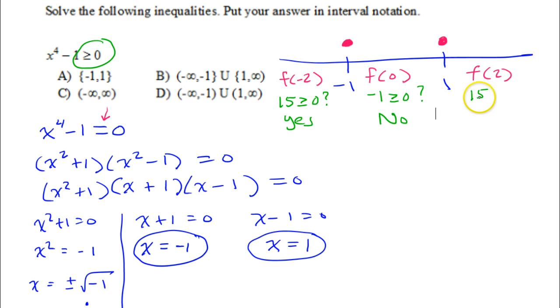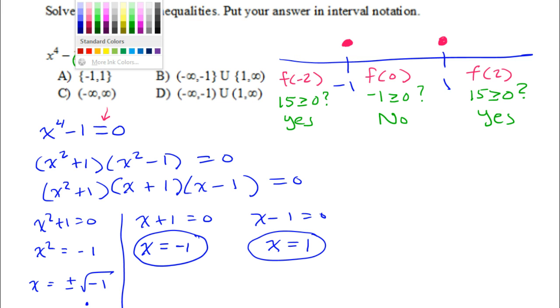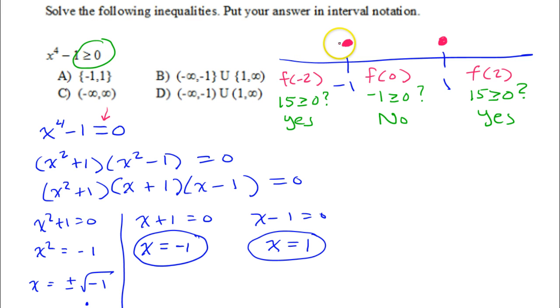What about 15 again? We already know, yes, that is greater than 0. So these yeses tell us where the solutions are. So everything to the left of -1 is going to be a solution, and everything to the right of +1 will be a solution.